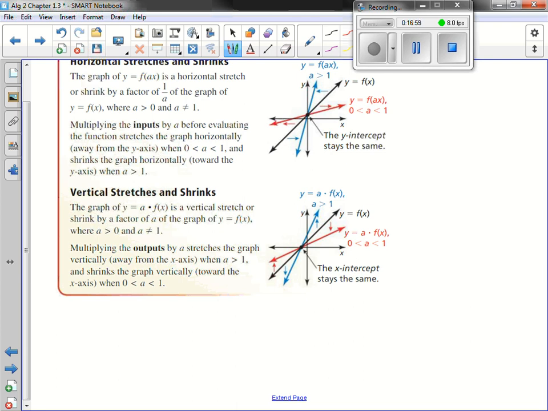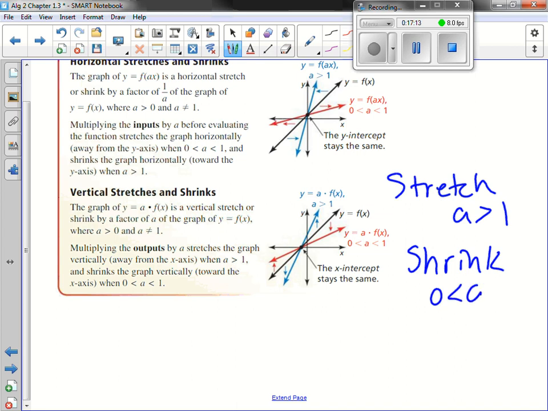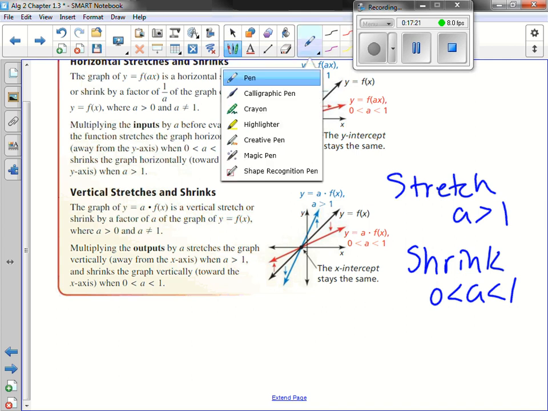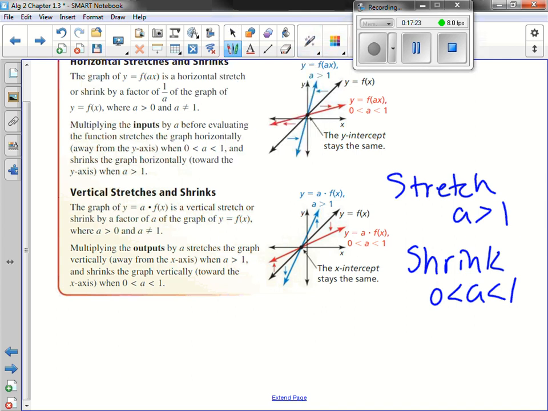If it's a vertical stretch, the value of a is greater than 1. We talked about this. And it's a shrink if 0 is less than a is less than 1, if it's a fraction. Now also look at this part right here.